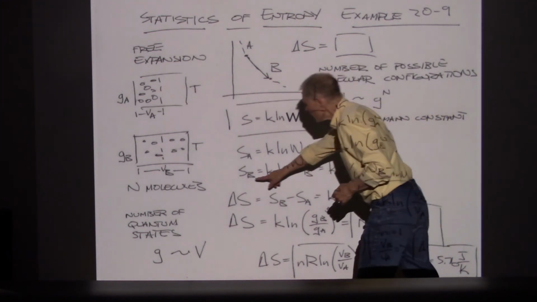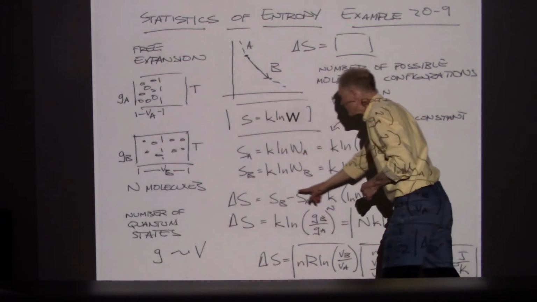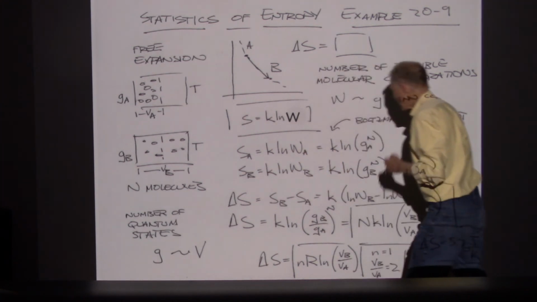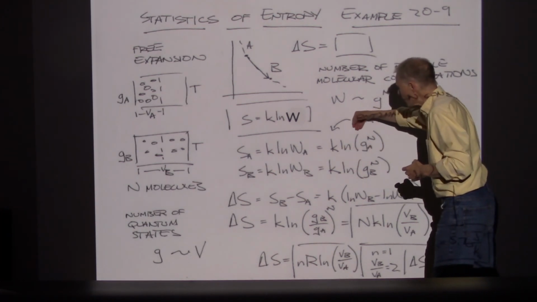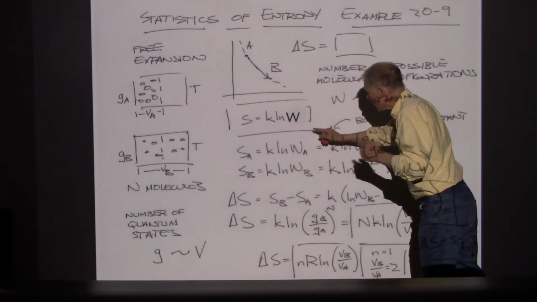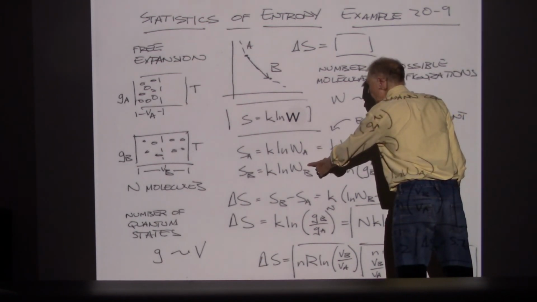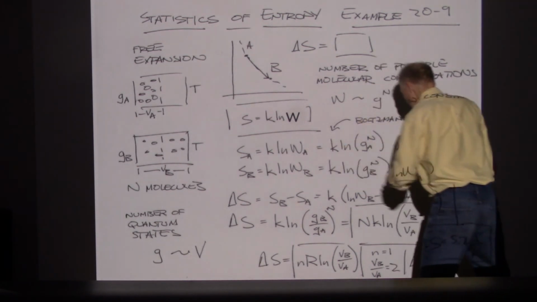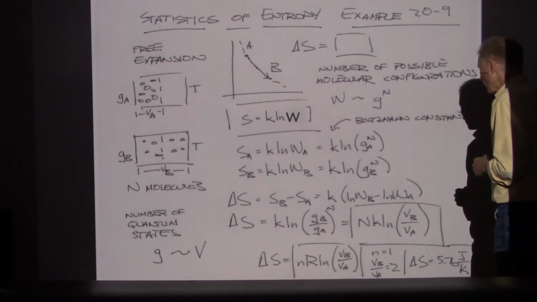So if I do a delta S calculation, like we did before, that becomes S_B minus S_A. Well, there's a common factor of k, but I get the logarithm of W_B minus the logarithm of W_A. So we went from A to B, and that's the order we want to put that in.